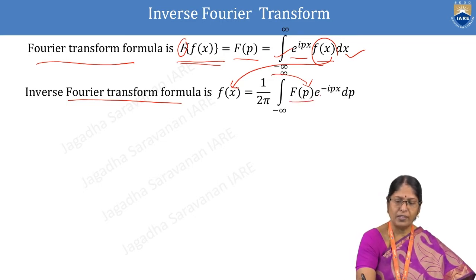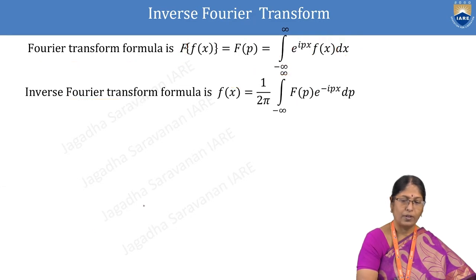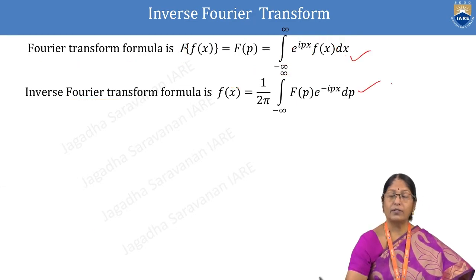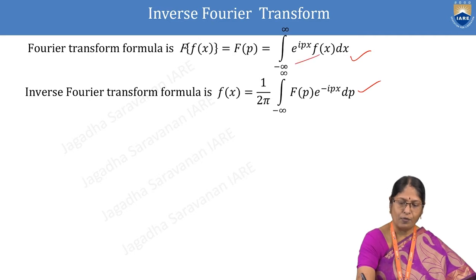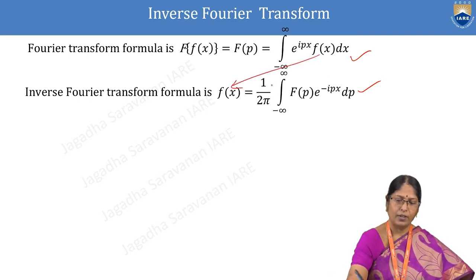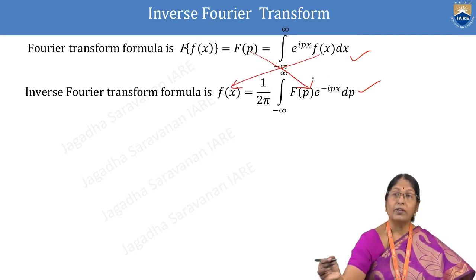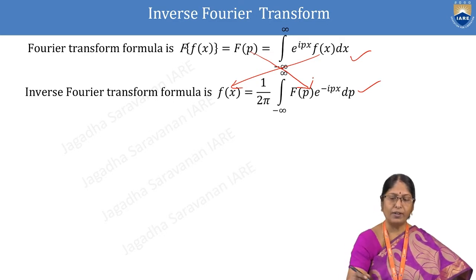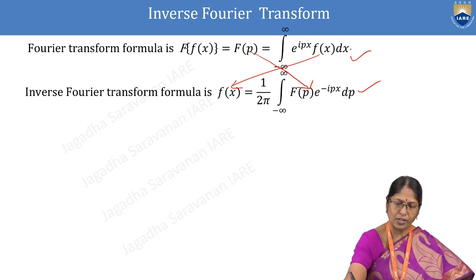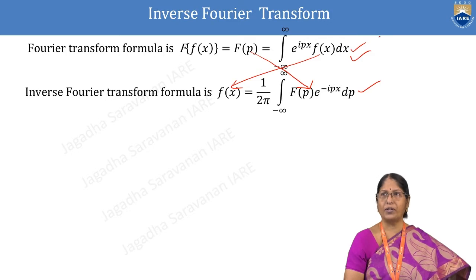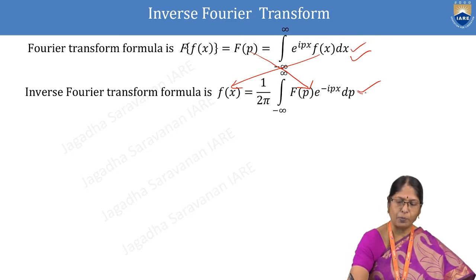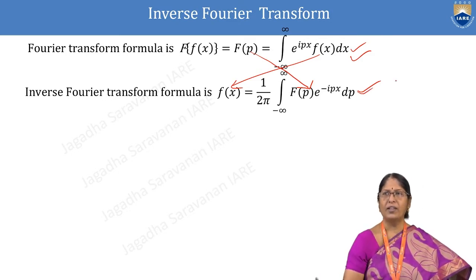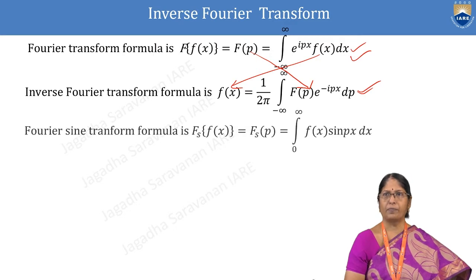So here we can find the difference between this and this. In the Fourier transform formula, the integration is with respect to x. Here, with respect to p we are doing the integration. These are the important points. If we remember them, we won't make careless mistakes.